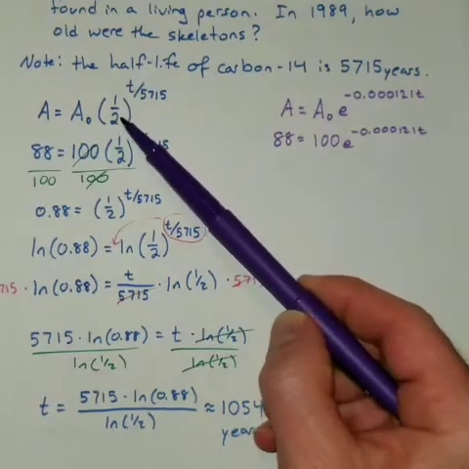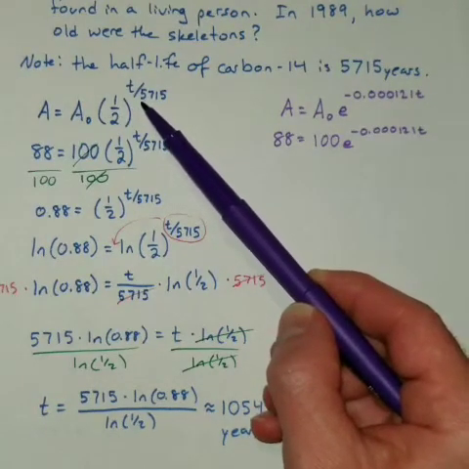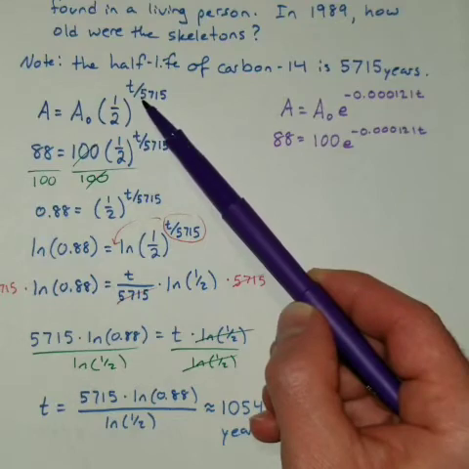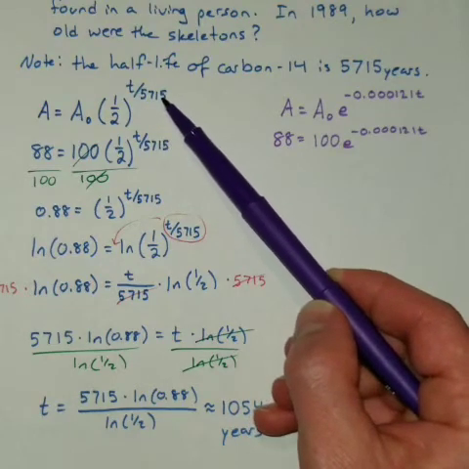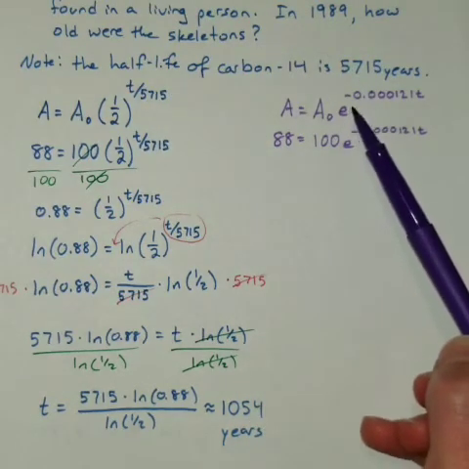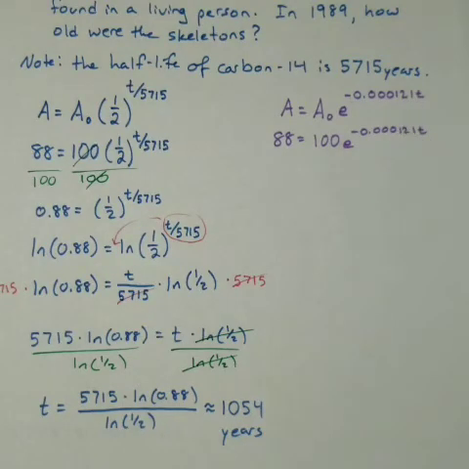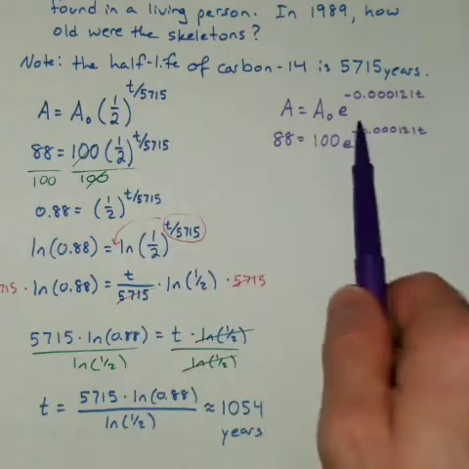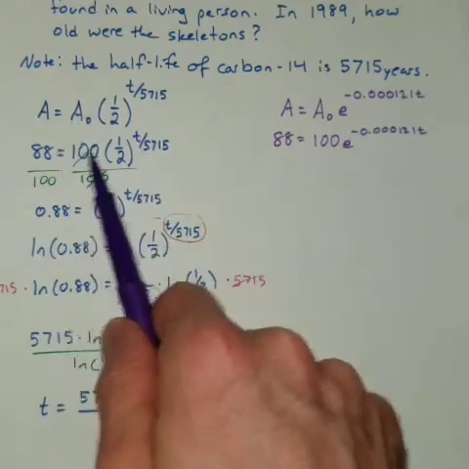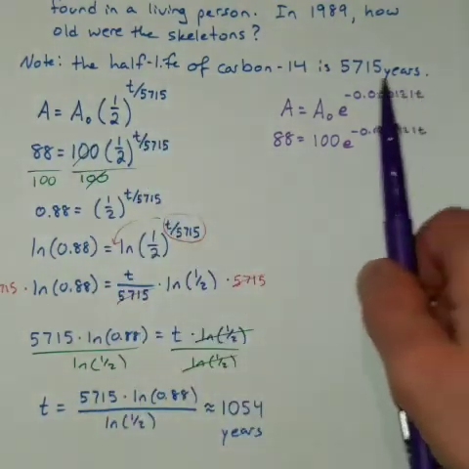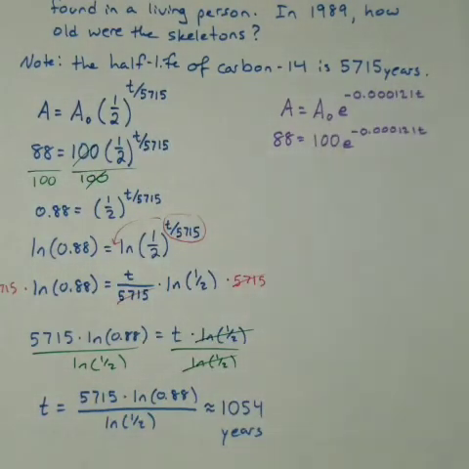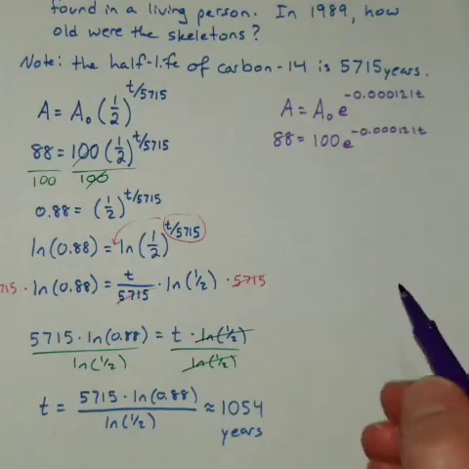Basically the 1/2 raised to the 1 over 5715 power is equal to e to the negative 0.000121 power. Those two are the same thing, and they show the conversion from one to the other. I personally like this one better, but your textbook wants you to go through that one. So we'll just go through it. You can choose. It doesn't matter to me which one you use.